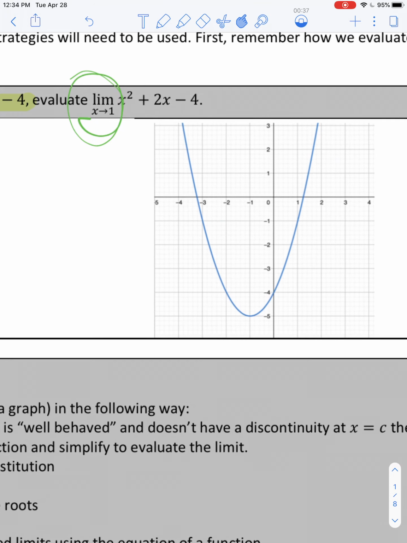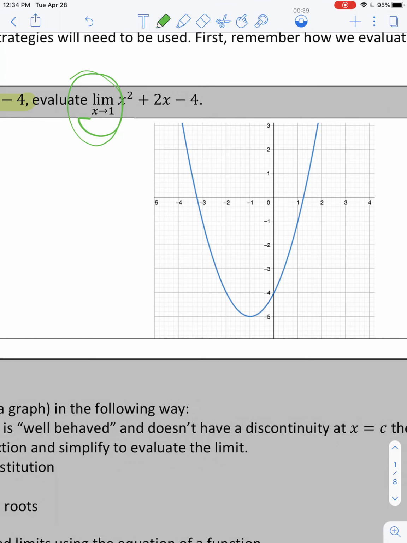Okay, so zooming in a little bit on our graph, we can see the x value of 1 here. We want to see what our function is doing as we approach 1 from the left-hand side and the right-hand side along our curve. So when we trace our function left to right as x is approaching 1, we get that y value of -1.